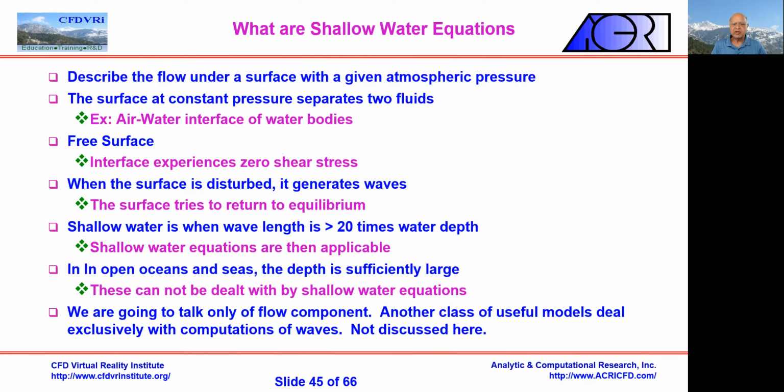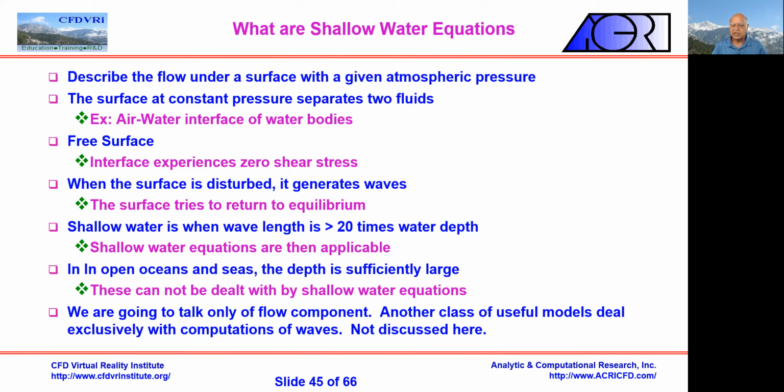So the free surface doesn't have any shear in the water, right? But there is wind blowing across it. So that's another thing we have to take into account. When the surface is disturbed, it generates waves, right? So we have to deal with them. Shallow water is typically defined when the wavelength is at least 20 times the water depth.